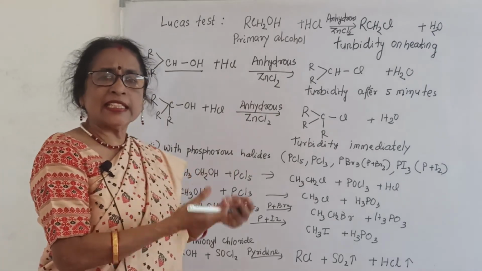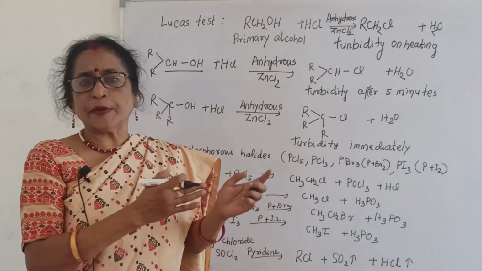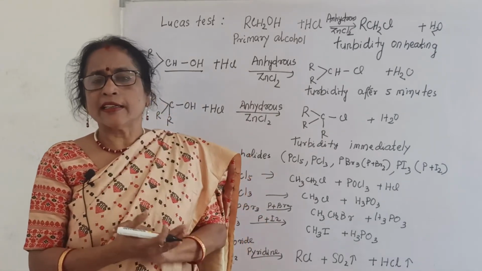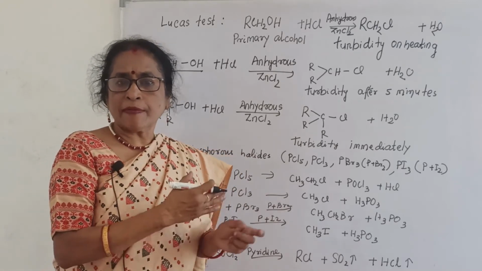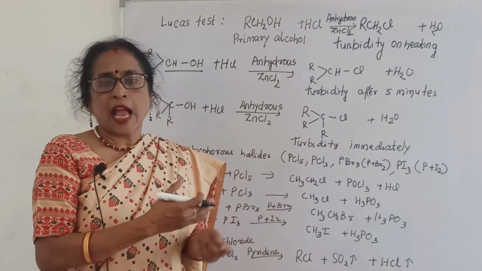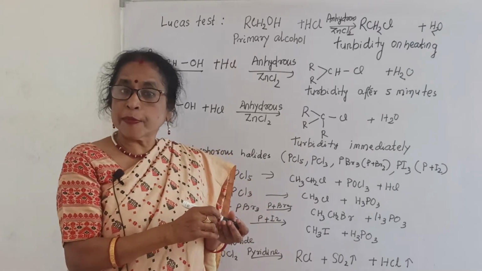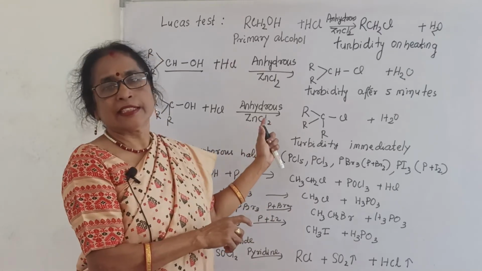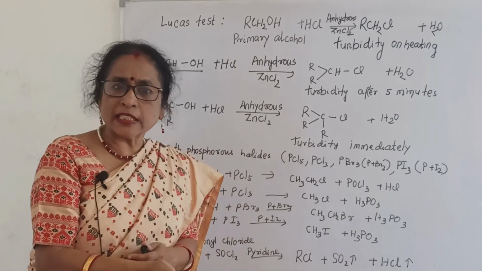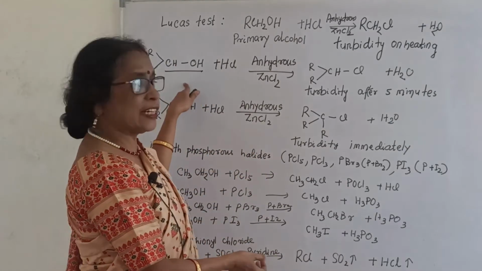That means one can easily distinguish between primary, secondary and tertiary alcohol. After treating with HCl and ZnCl2, if the alcohol gives turbidity immediately, it is tertiary. If it gives turbidity after 5 minutes, then secondary.